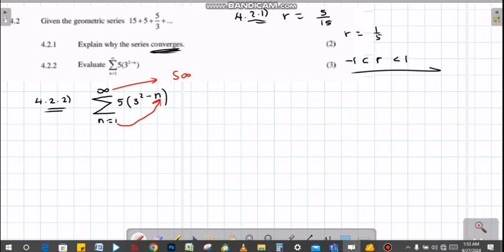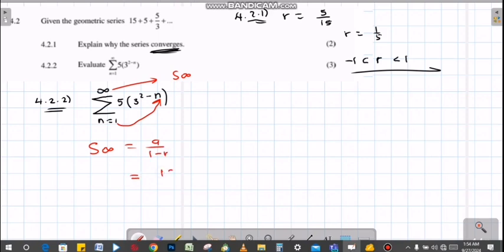So now when n is 1, we'll have 5, 3 to the power of 2 minus 1, which is 15. Let's check when we substitute 2, 5. Okay, so it's the same pattern. So our sum to infinity will be equal to a over 1 minus r.